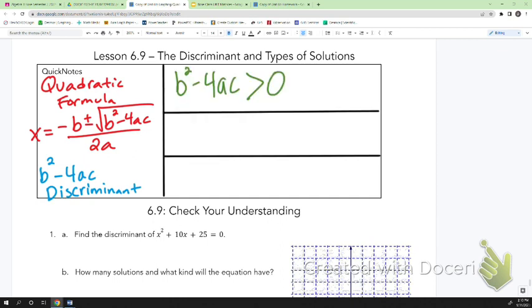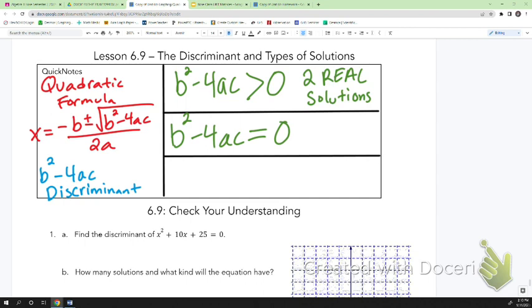Greater than 0 means what? What kind of numbers are greater than 0? Positives. When b squared minus 4ac is positive, we have 2 real solutions. When b squared minus 4ac ends up equaling 0, what happened? We had 1 real solution.